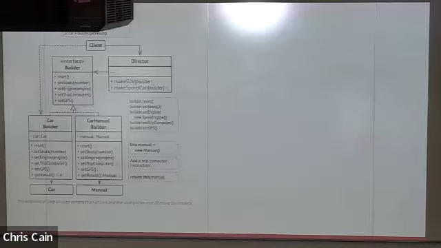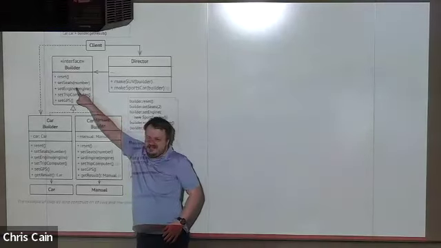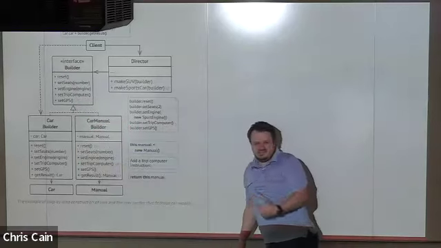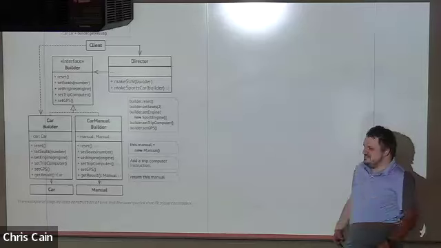Note that the user at this point shouldn't be able to say something like, I want an SUV with 1,000 seats. As cool as that would be, that's not something that is possible to produce. The client can't communicate that directly because they shouldn't be able to call set seats at all. If the user has that power, then they can do ridiculous things.